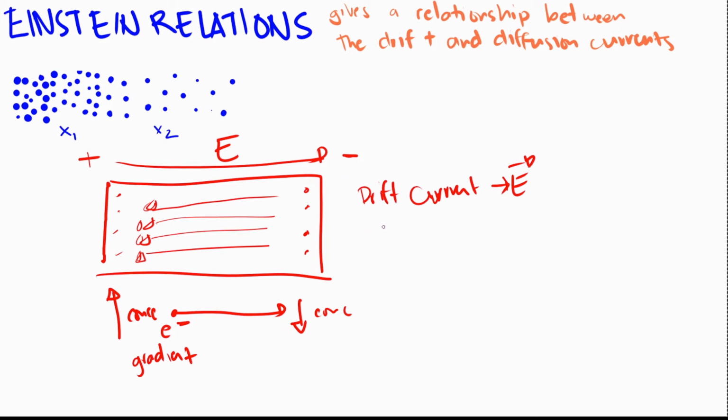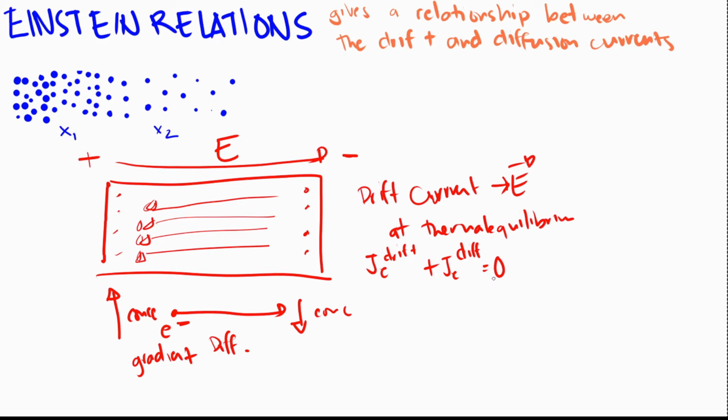At thermal equilibrium, the sum of the drift and diffusion currents must be equal to 0. So, JE drift plus JE diff should be equal to 0.